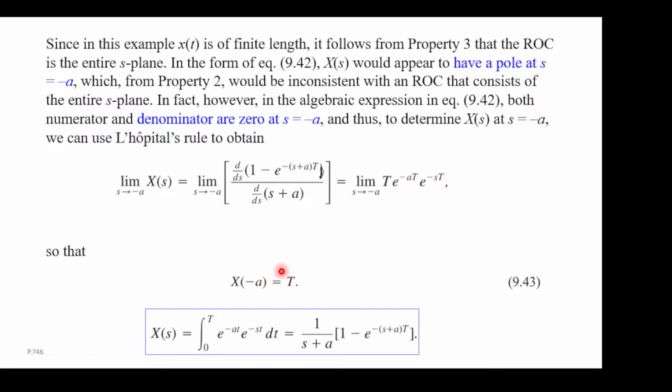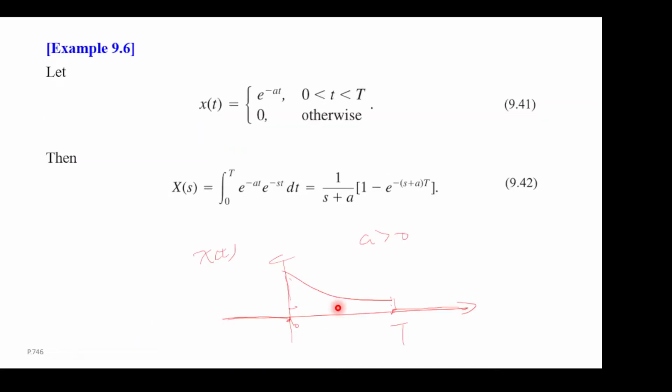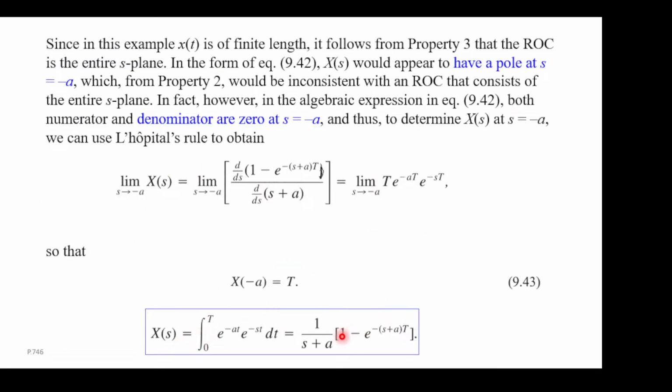Okay, so this is actually a finite value, so now we believe that what we had is true. We have the finite duration, absolutely integrable x of t, and its Laplace transform is convergent on every s, even though it looks like there is a pole at minus a. Okay, question?